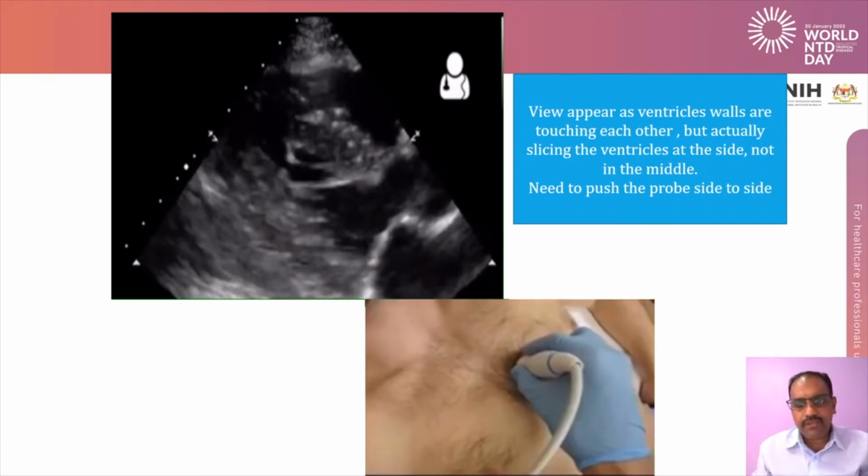When you have this kind of situation, what we suggest is to slide your probe towards or away from the sternum about 1 cm, so that you can confirm that your probe cuts at the center of the LV, to get a proper diameter and not look at the side. So this is the common pitfall that happens in LV function.